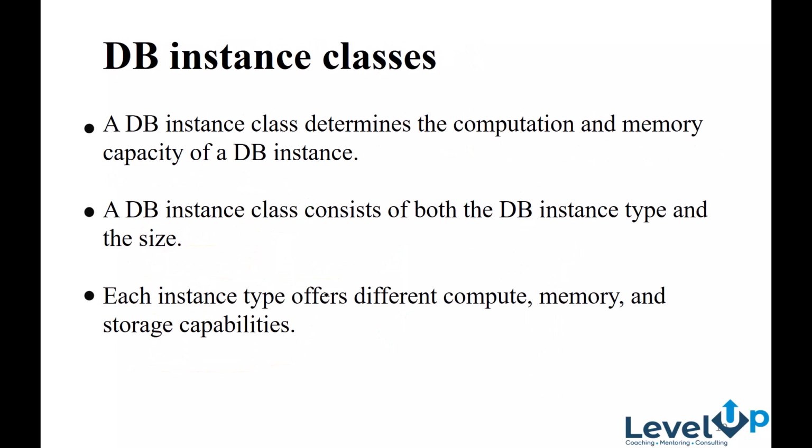Now, one type of database is not suitable for everybody, right? So there are different types of database instances, or we can call them database instance classes. What will a database instance class define? This will define how much compute power you're getting with which class, and what the memory capacity is.